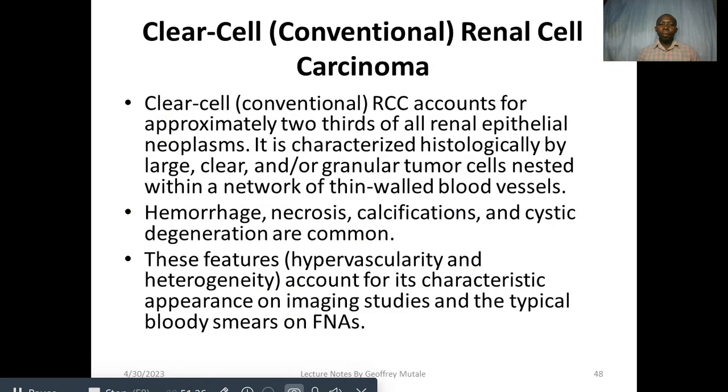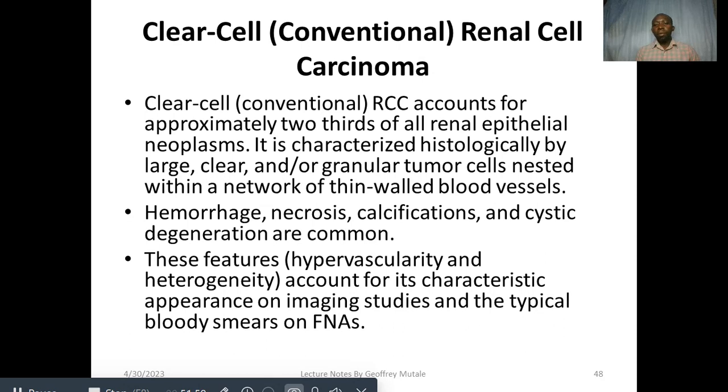So looking at the clear cell renal carcinoma, commonly known as the conventional renal cell carcinoma, we appreciate that this accounts for approximately 2/3 of all renal epithelial neoplasms. It is characterized histologically by large, clear, and granular tumor cells nested within a network of thin-walled blood vessels.